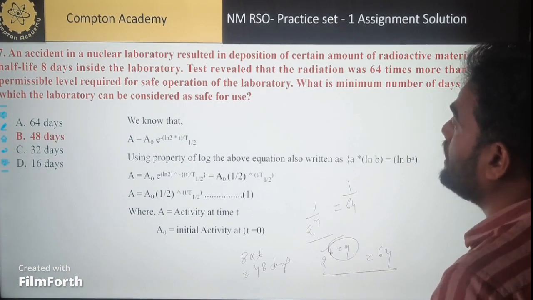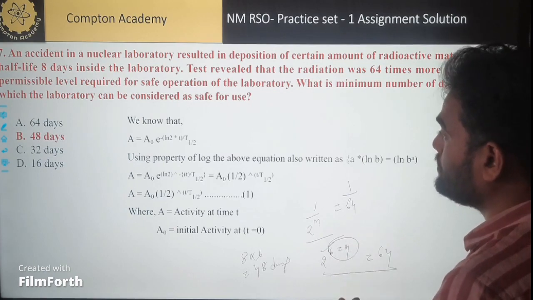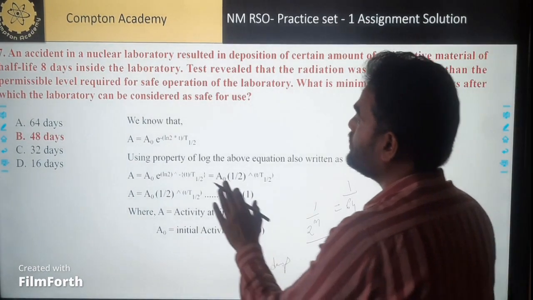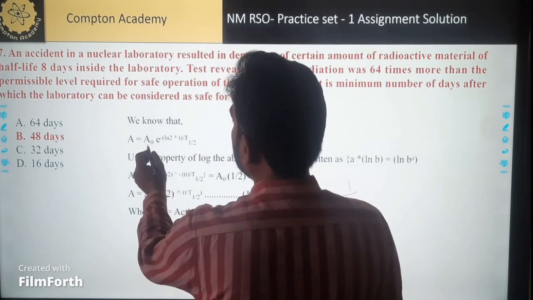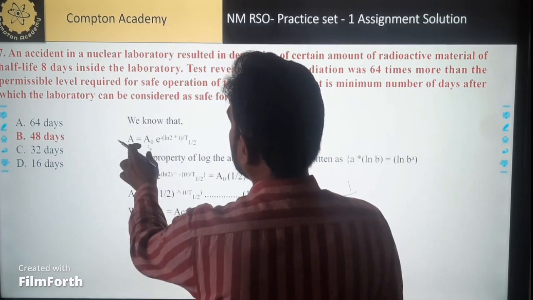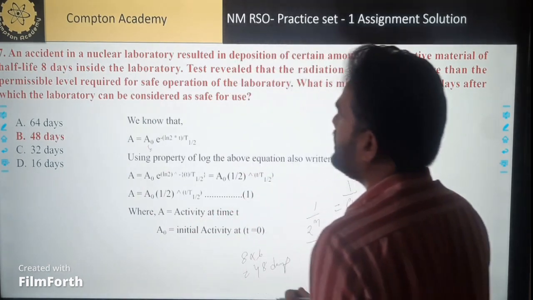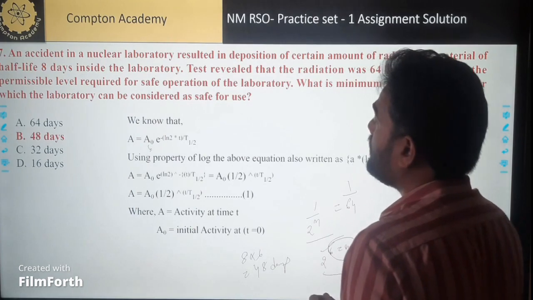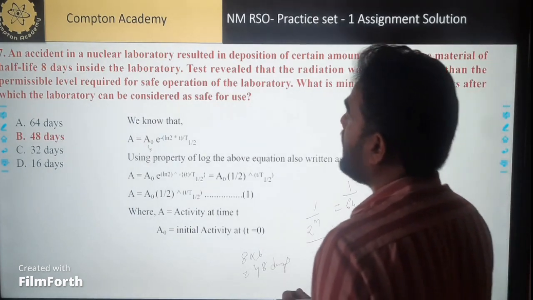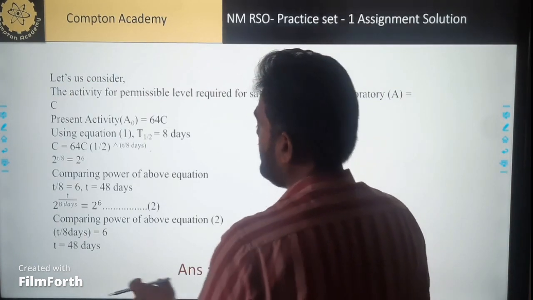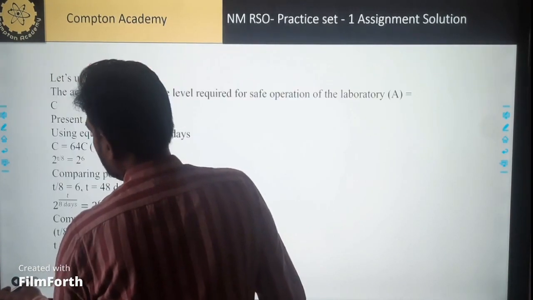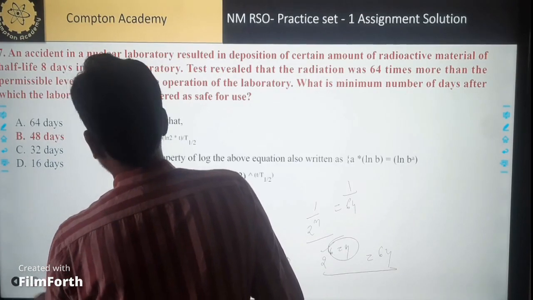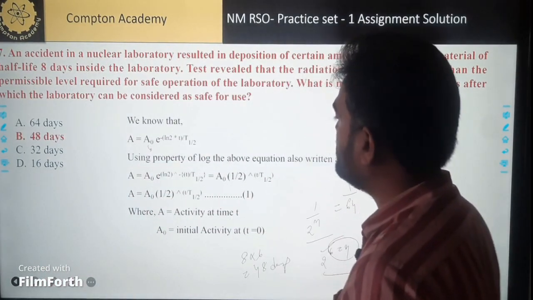Here the detailed calculation has been explained for this question for the sake of proper understanding. You know the initial activity A naught. Activity A equals initial activity A naught e raised to power minus lambda t. Lambda is ln 2 divided by t half, and t half is provided here as 8 days.